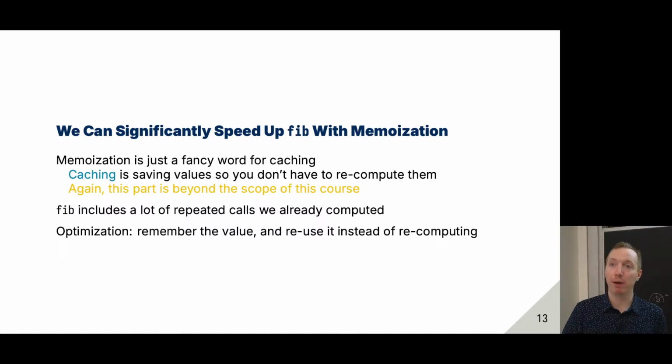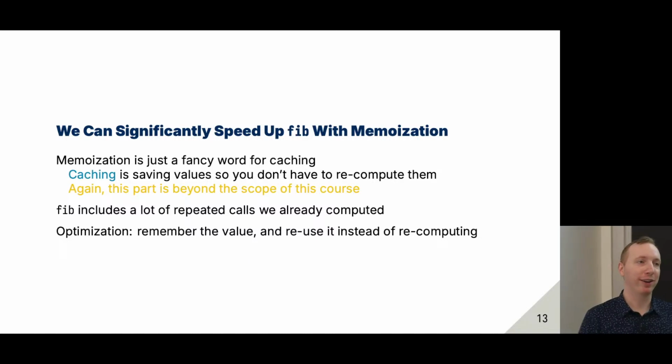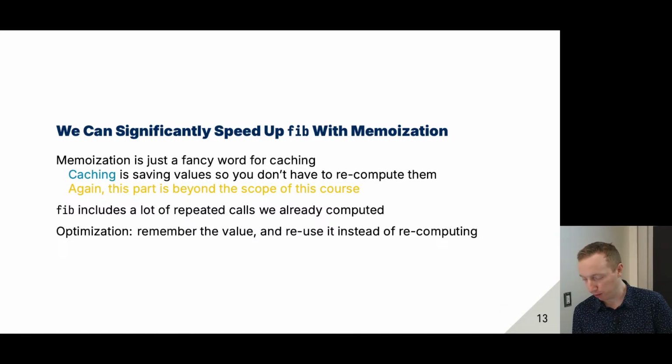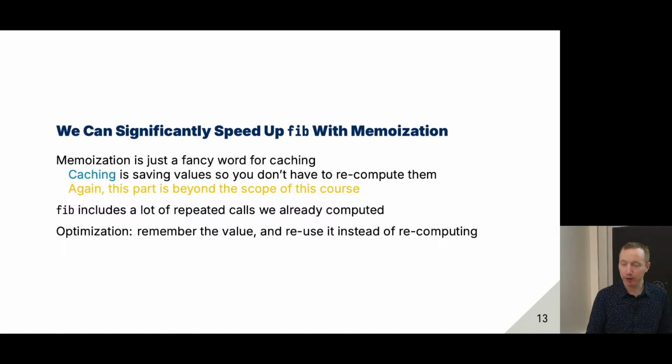So even with calculating fib of 4, we had to calculate fib of 2 a lot of times. And we had to calculate fib of 3 once, and fib of 2 a bunch of times. We didn't have to calculate the value for fib of 1 or fib of 0, but we could change our program a little bit so we don't have to recompute them over and over again.